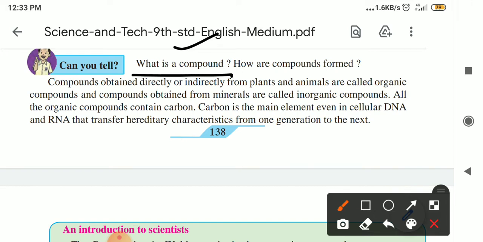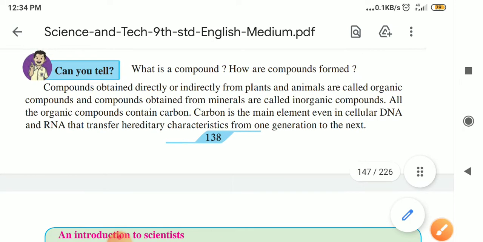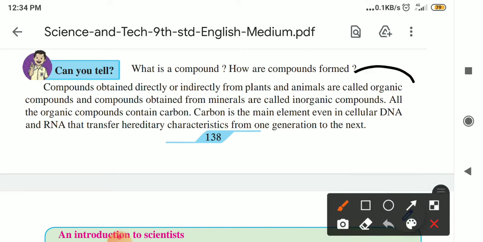So here, compounds obtained directly or indirectly from plants and animals are called organic compounds. Okay, there are 2 types, organic and inorganic. In organic compounds carbon is present and in inorganic compounds carbon is absent. Compounds obtained from minerals are called inorganic compounds.